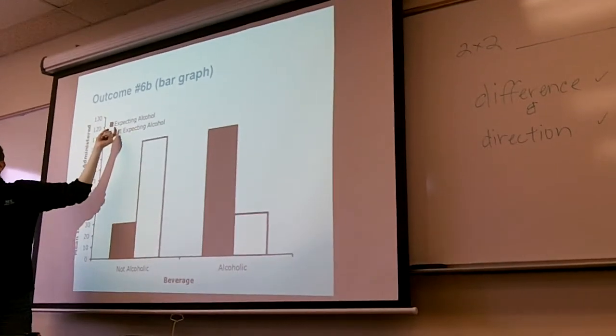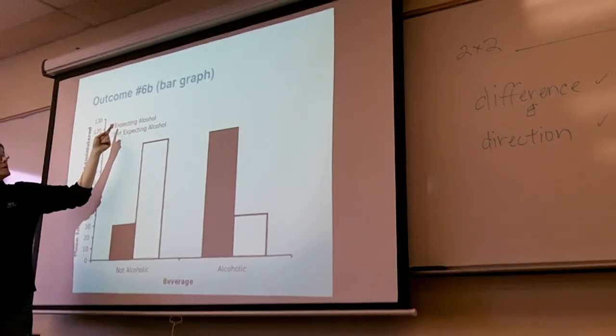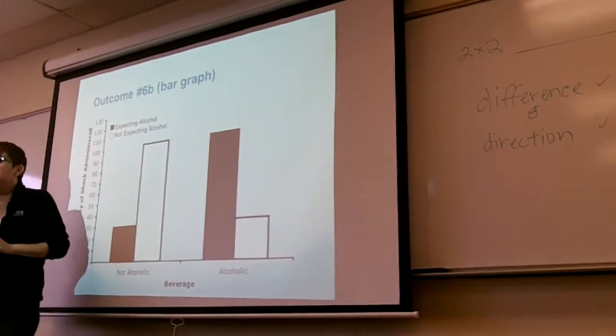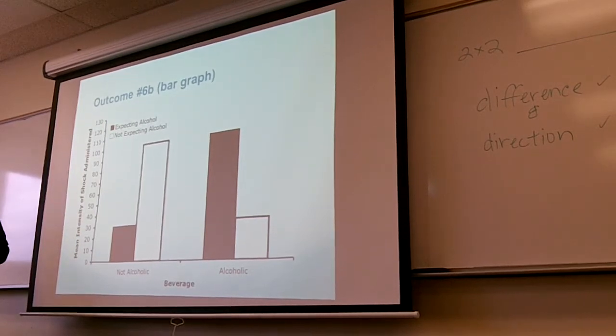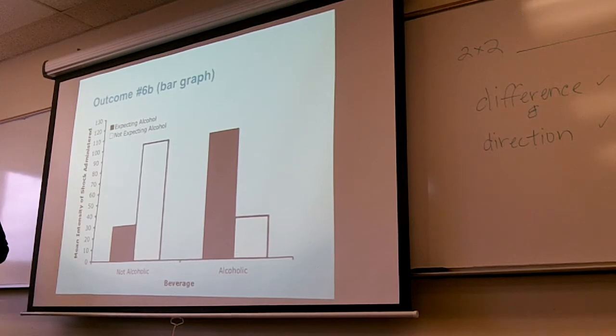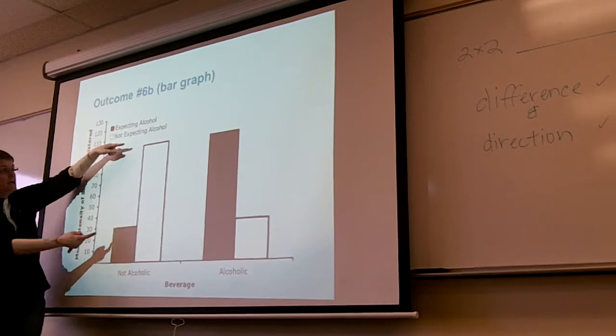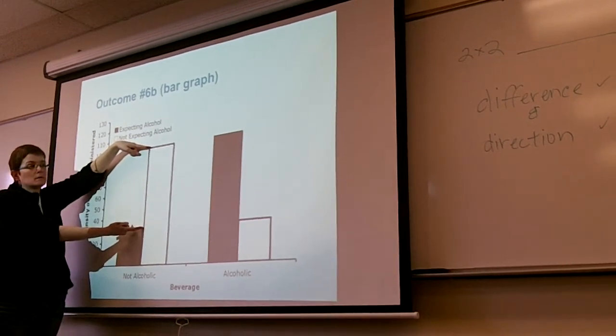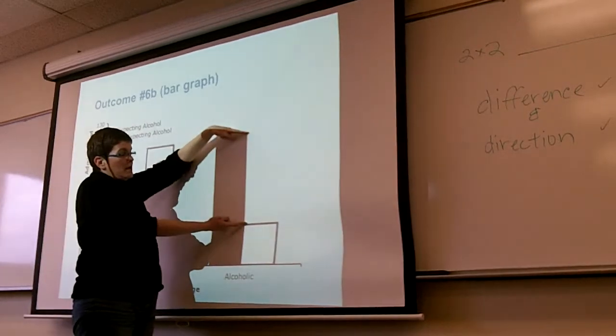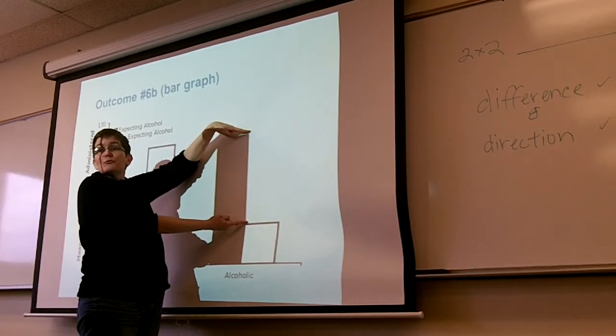Think about what's up here on the legend. Compare the average of the black bars to the average of the white bars. No difference, right? Now the interaction here comes not in the difference, but in the direction. Here I have black shorter than white by this much. And over here it's the same difference, but now the direction is different.